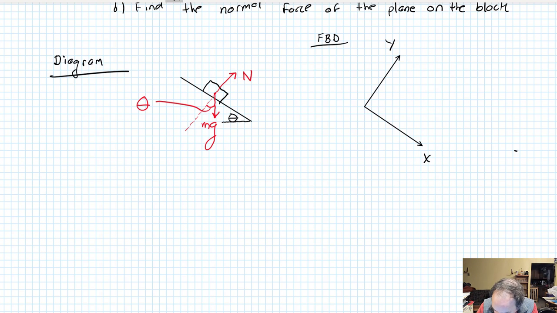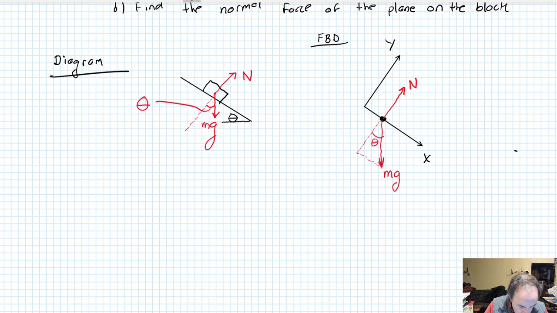So right here is my block, considered a point mass. And here I have my normal, and here I have mg. And this is theta.